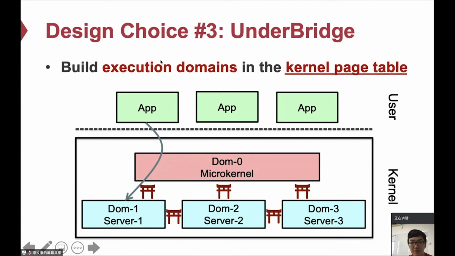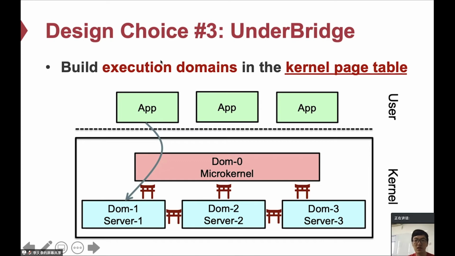Generally speaking, UnderBridge puts the system servers, which are user-level processes in traditional microkernels, back into the kernel space. Like a monolithic kernel, it only takes one round trip between user and kernel for an application to invoke a system functionality. Also, the interaction between different system servers becomes more efficient since no address space switching is required.